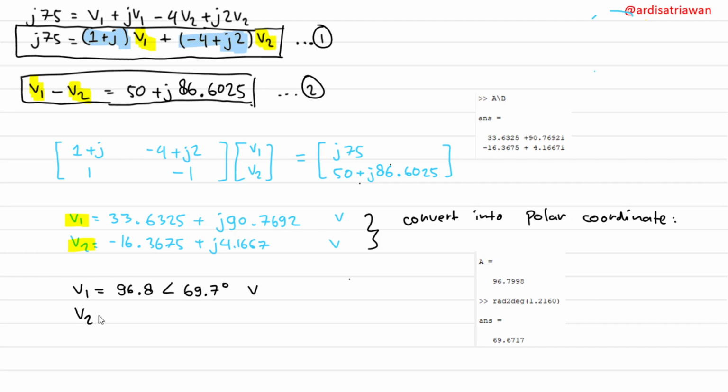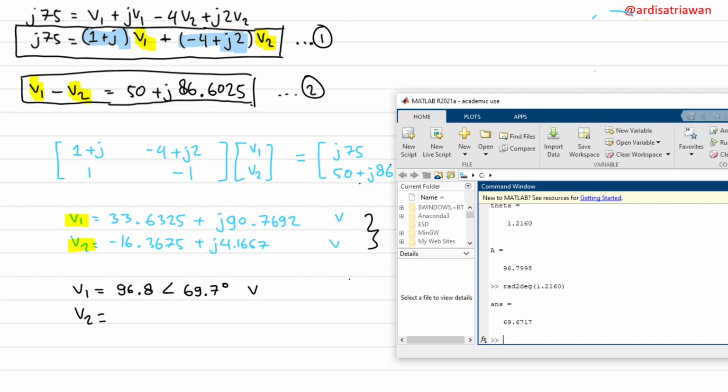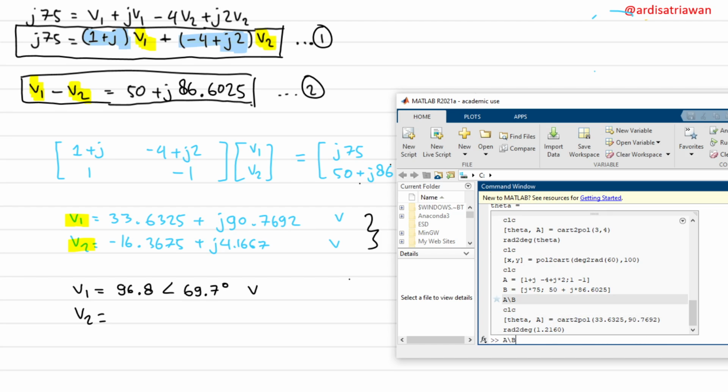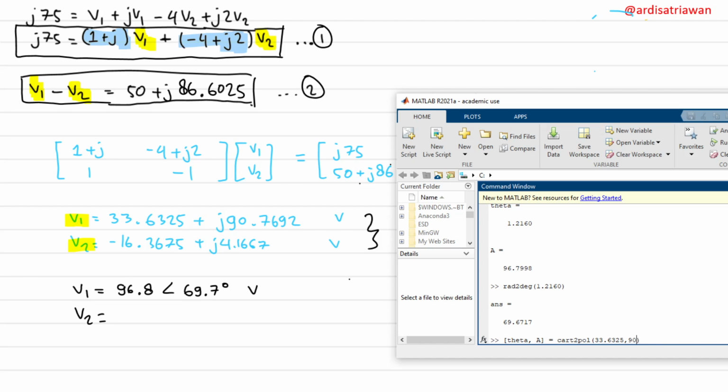And we can play the same game for V2. Let's again use MATLAB, the same function, cart2pol, and just change the values. Okay, this is minus 16.3675 and 4.1667.